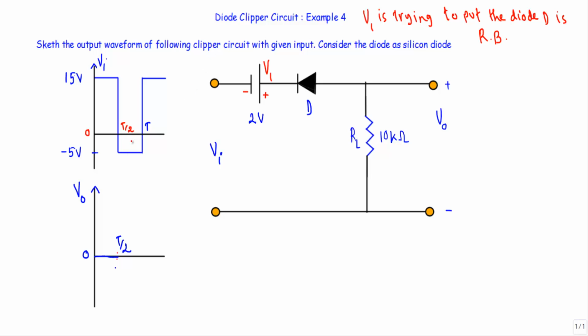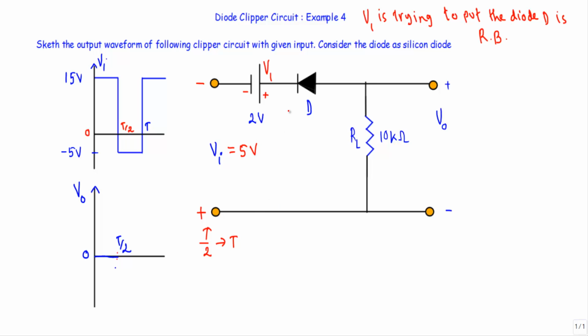Now consider the T/2 to T time interval. During this time interval, you will see the input voltage will have a magnitude of -5. That means this terminal will be negative and this terminal will be positive and the magnitude will be 5 volt.